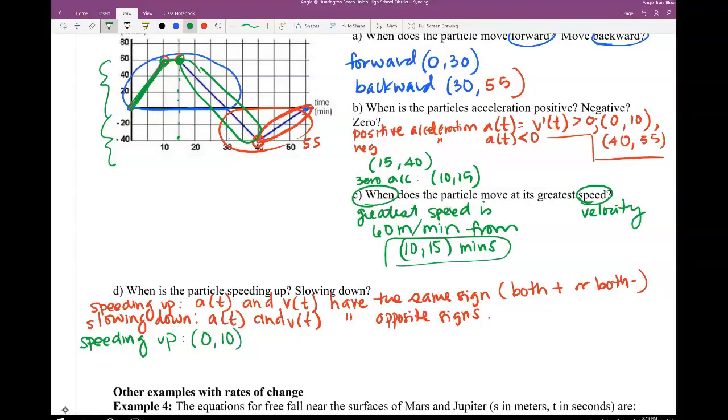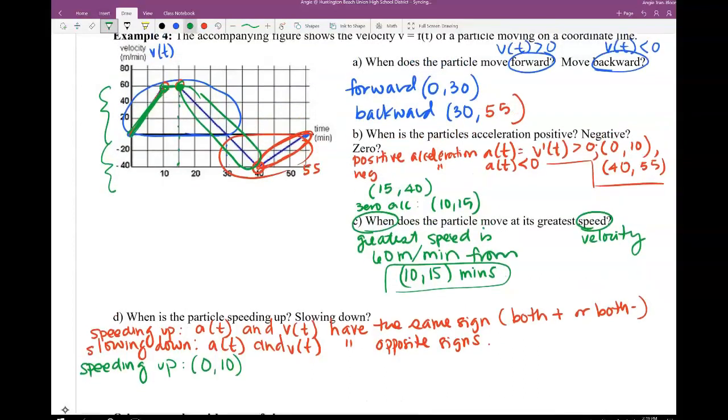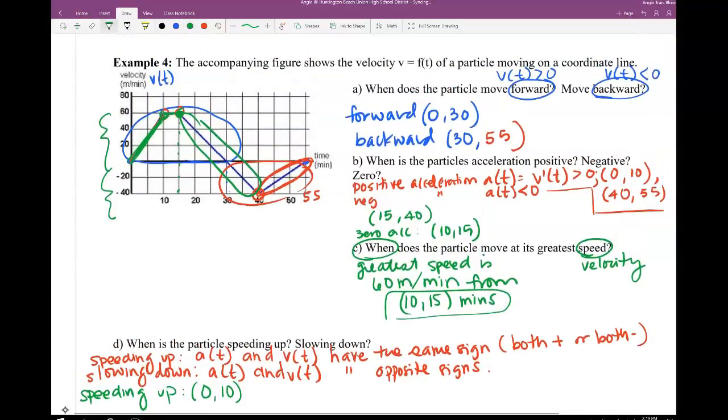And then what's happening right here is that this is the slope of 0. The slope of 0, we're changing direction. V of t is 0, it's changing direction.